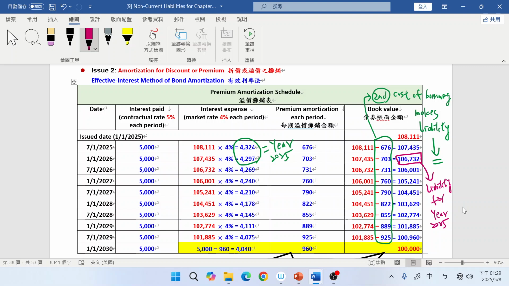When issued at a discount, it will make your liability increase. When issued at a premium, it will make your liability decrease. Okay? Any questions?